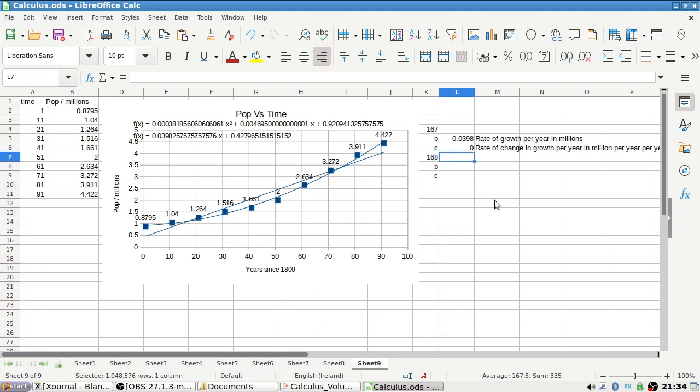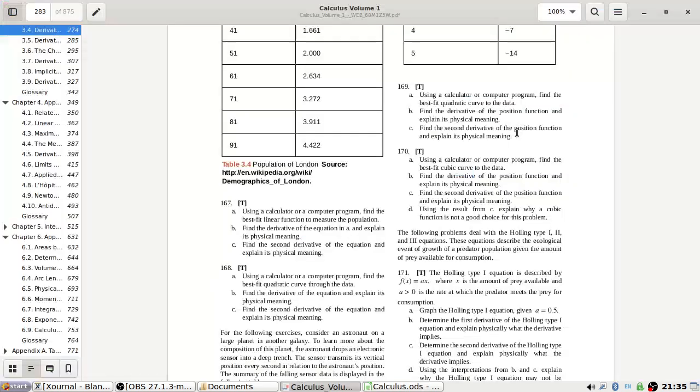Okay, so the derivative here would be 2 times 0.000381856060606. So that's quite small. That's 0.0007637x plus 0.004695.